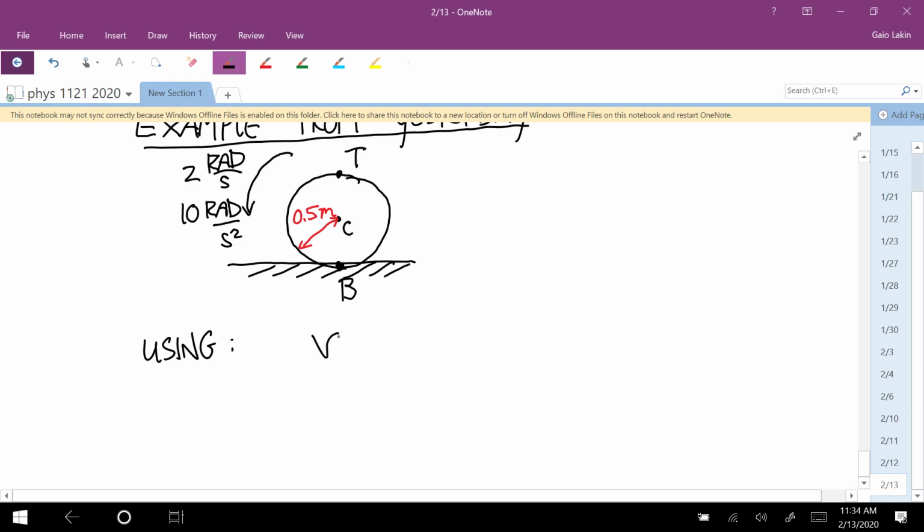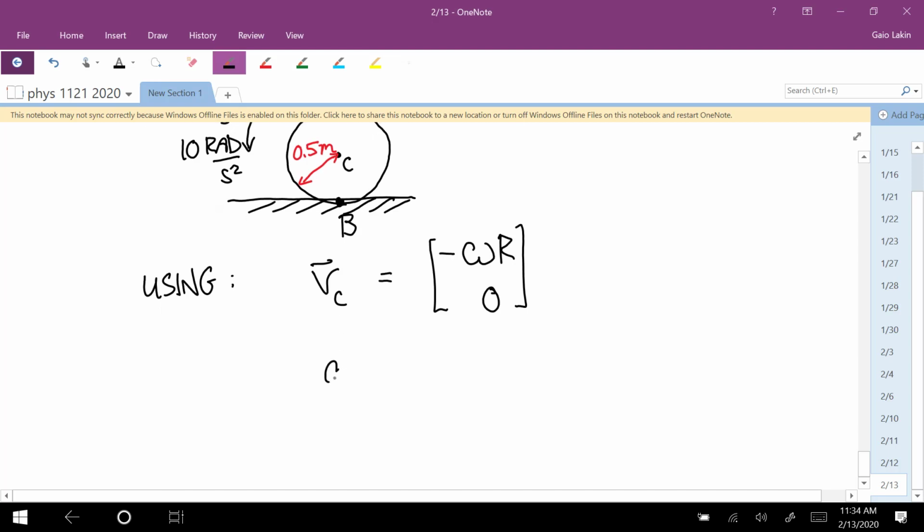We know that the velocity of the center is all in the x direction, and it's equal to negative omega r, 0. And we know that the acceleration of the center is all in the x direction, and that's negative alpha r, 0.